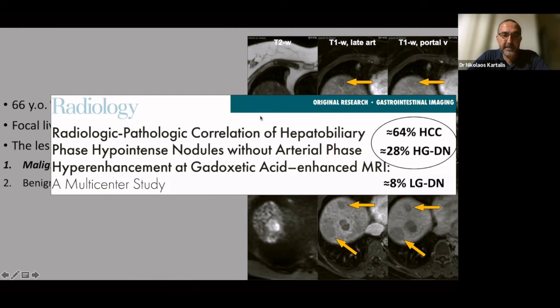And this was nicely seen in a multicenter study in Korea a few years ago, that of all these nodules that are dark on the hepatobiliary phase without any arterial phase hyperenhancement, like these two, the vast majority is already advanced, already HCC, 64%, and 28% are high-grade dysplastic nodules. So of these nodules, only 8% are low-grade dysplastic nodules.